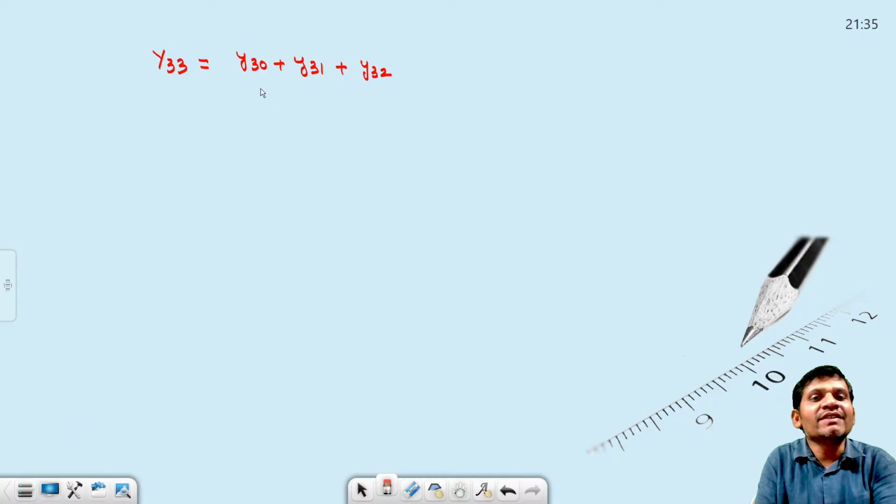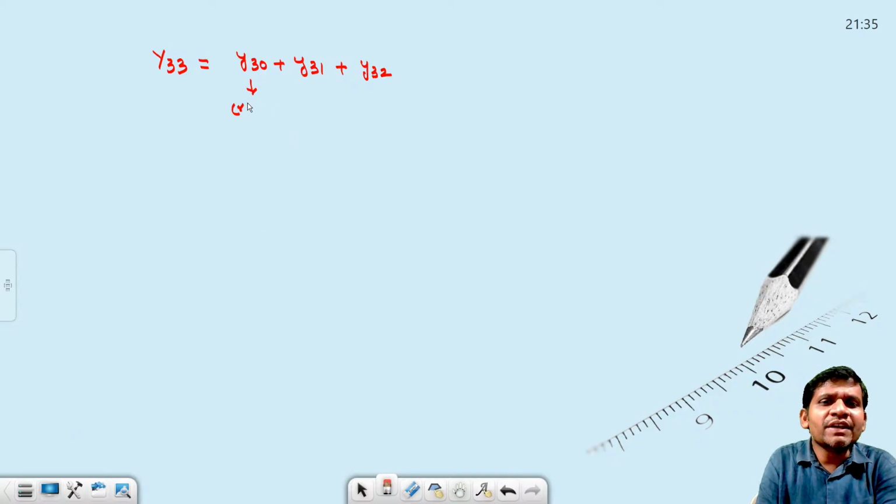Sometimes they take the notation Y33, with Y30, Y31 plus Y32. But this is the capital letter and this is the small letters. This is important. You will know this concept when you have studied the admittance matrix concept.